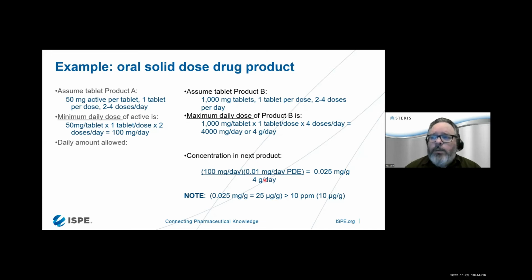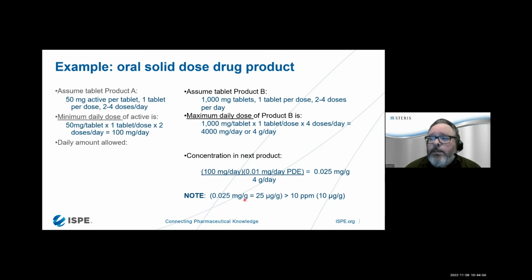So as we look through the calculation, we have 100 mcg per day of product A. We have a PDE value that's been assigned. And then we have the product B, the maximum daily dose of product B at 4 grams per day. And we get a concentration in the next product of 0.025 mg per gram, which comes out to 25 micrograms per gram, or 25 ppm.